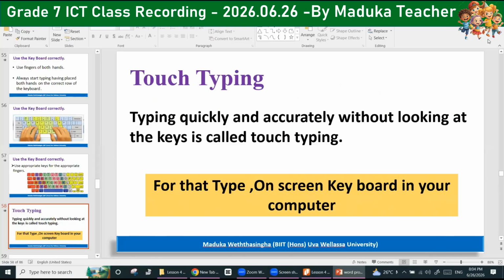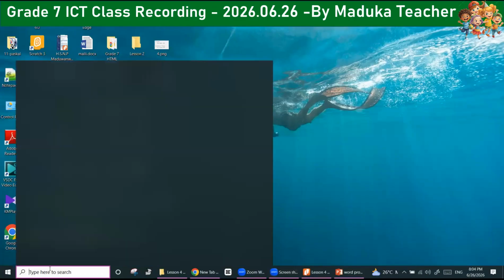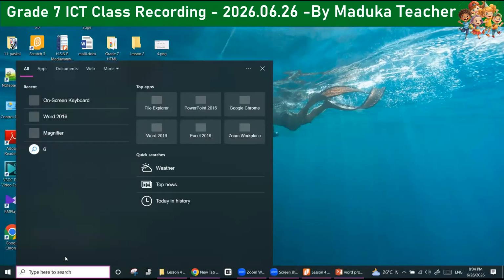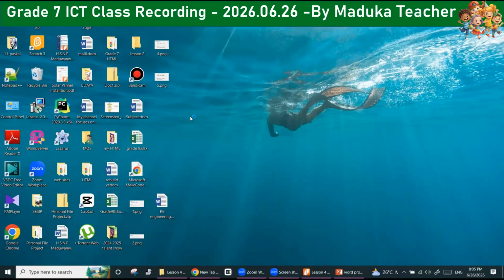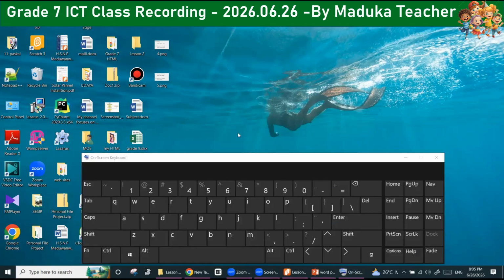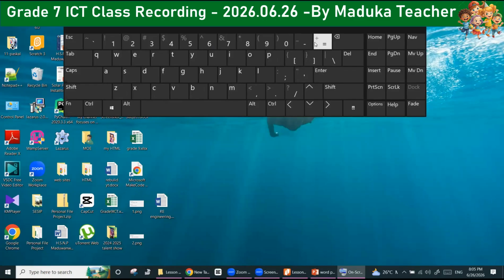If you have a computer, go to your search bar and type on-screen keyboard. Now this is my on-screen keyboard. Without looking at my keyboard, I can type using touch keys.